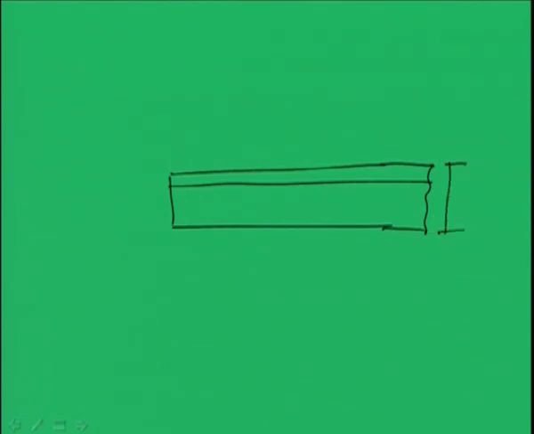So, if we draw, then I think it will be clear, right. Let us draw and make the details. So, this is the angle, right, and this angle section is 100 by 100 by 10.